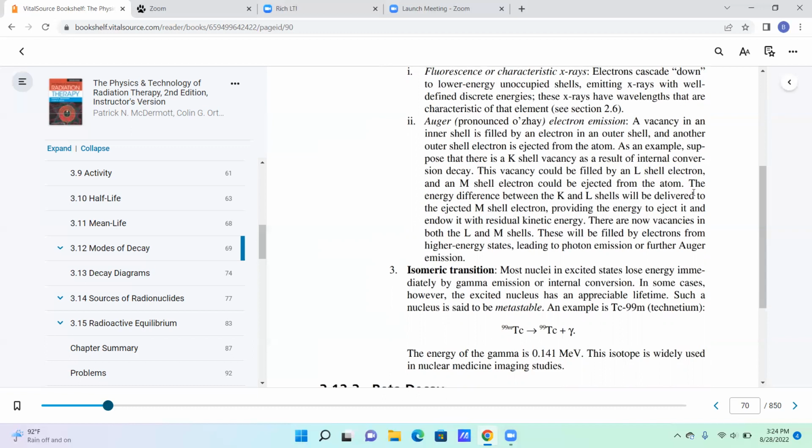The energy difference between the K and the L shells will be delivered to the ejected M shell electron, providing the energy to eject it and endow it with residual kinetic energy. In other words, you've got enough to escape the atom, and then you've got a little change to go with it. There are now vacancies in both L and M shells. They will be filled by electrons from higher energy states, leading to a photon emission or further Auger emission.